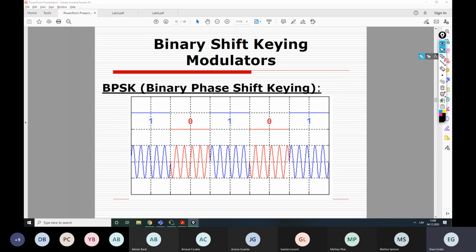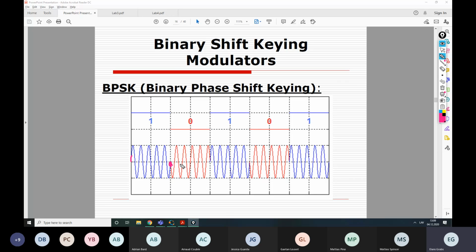So for binary phase shift keying, the information is hidden inside the initial phase. So here we are transmitting 1, and our sine signal starts from the positive direction, right? For 0, our sine is from the negative direction.